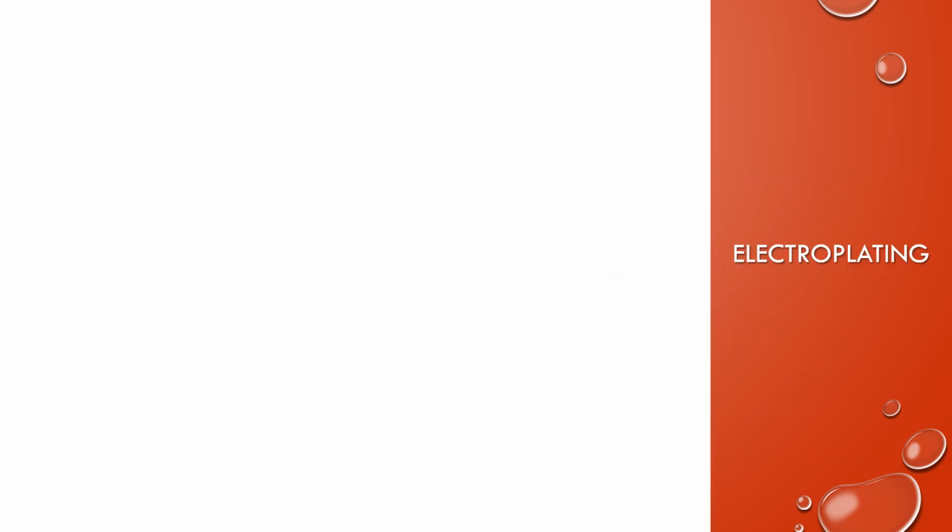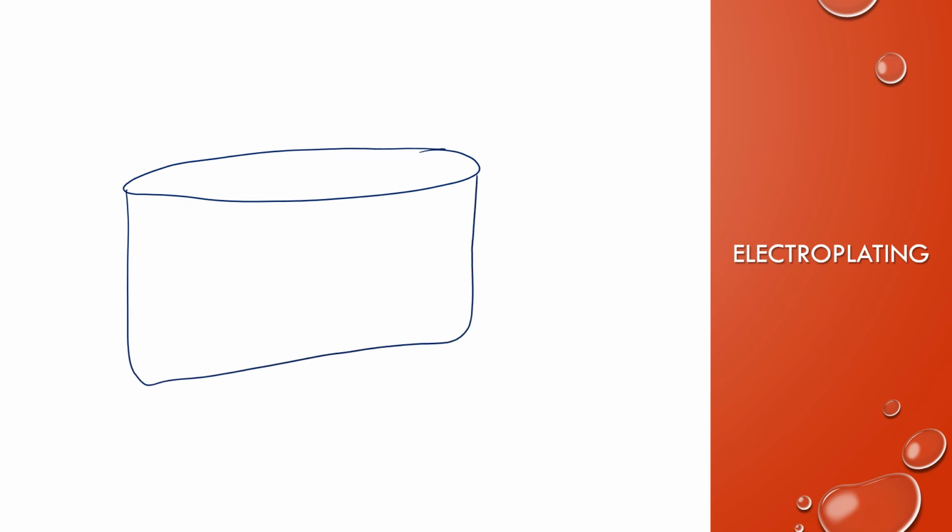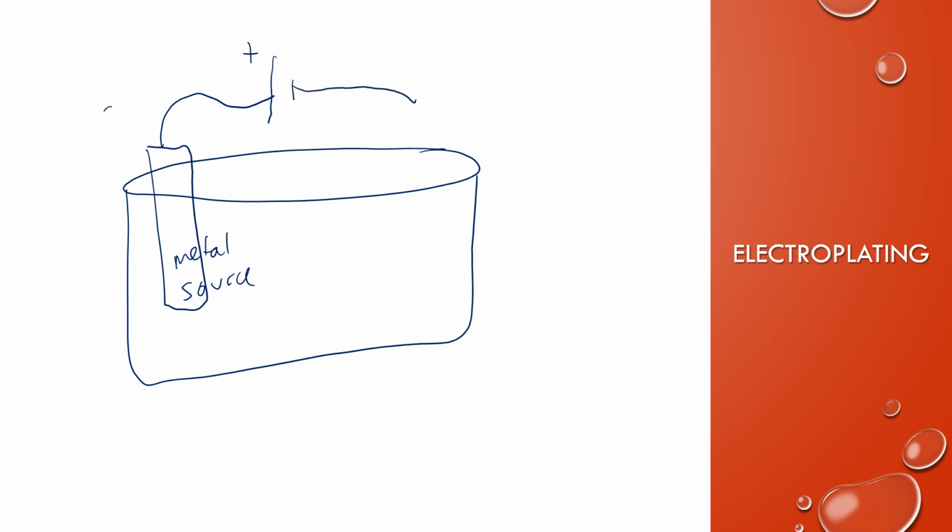Now we can also use electrolytic cells to do electroplating. So remember, electrolytic cells typically occur in a single chamber, and you're going to have some kind of metal source. This is going to be connected to your power source, and it's going to be connected to the anode.